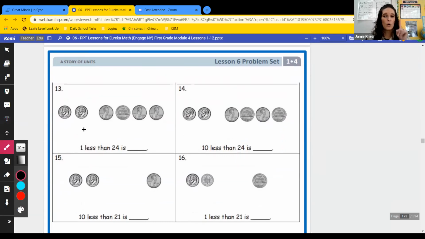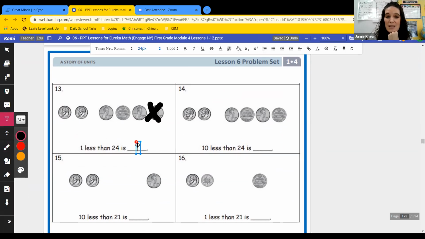If I'm crossing off 1 less, a dime or a penny? I'm going to cross off a penny. Okay, then you got to tell me how many 10s and 1s are left. I have 2 10s and 3 1s. So 1 less than 24 is going to be 23. Oh, 23. Okay, you're going to do that down here.